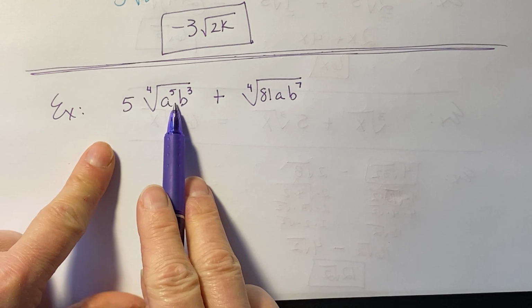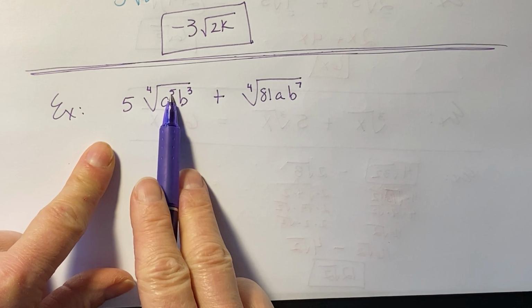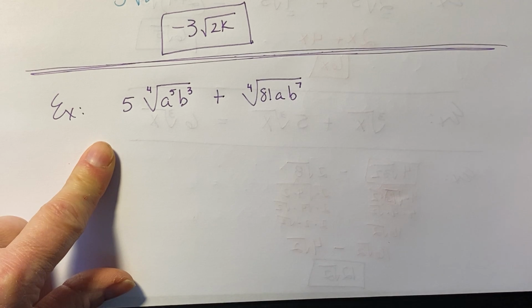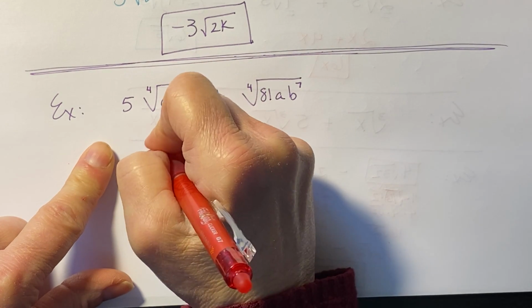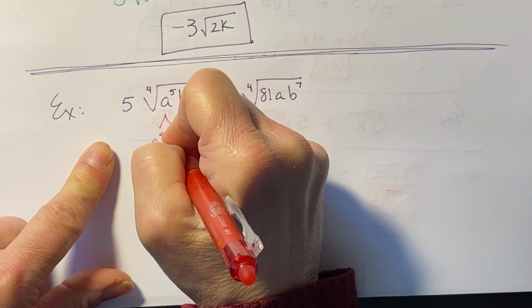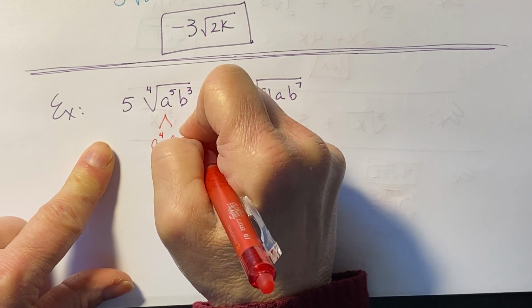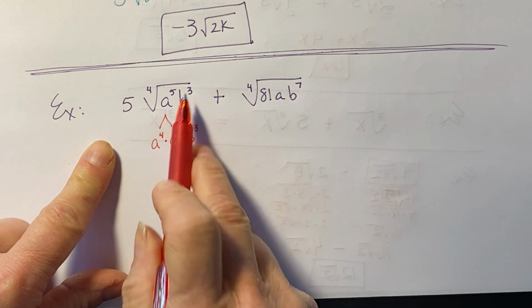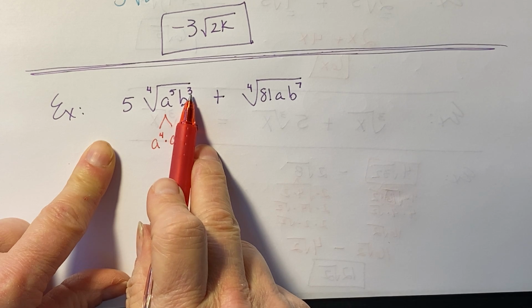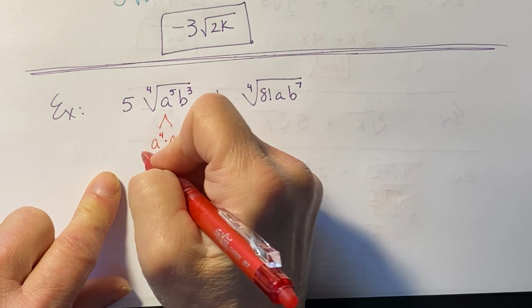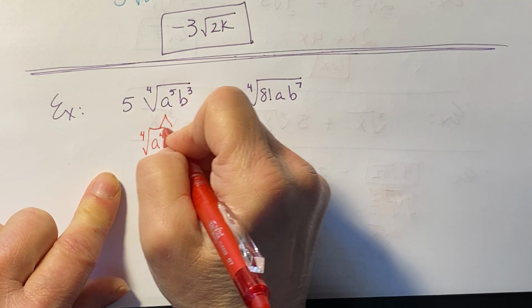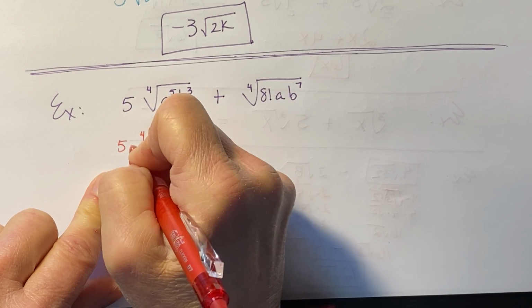Can I simplify? This one, the a to the 5th, that can be written a to the 4th times a, and then my b cubed cannot be simplified if that is smaller than my index. So this is all multiplying a 5.